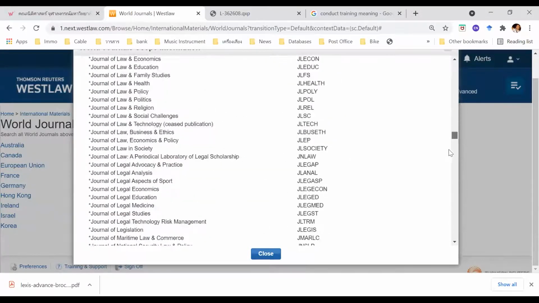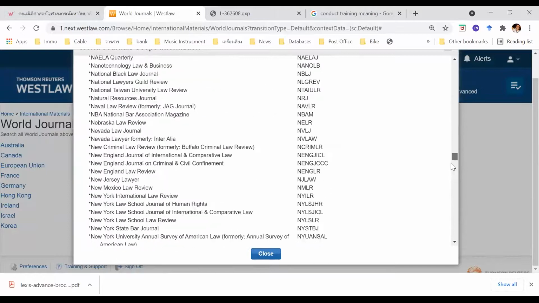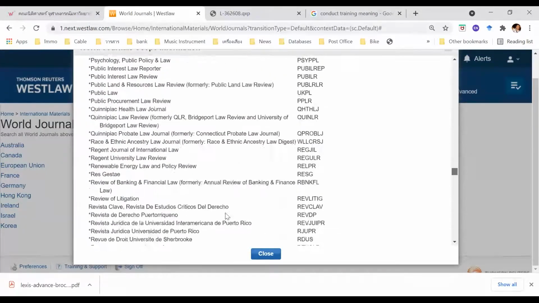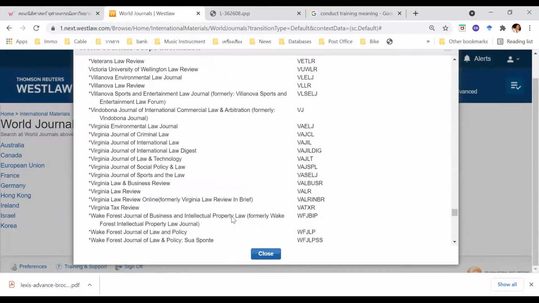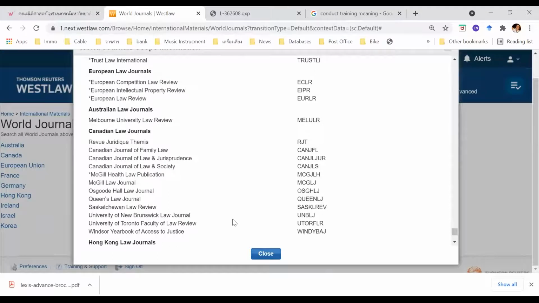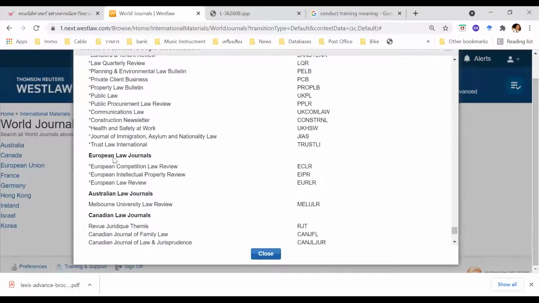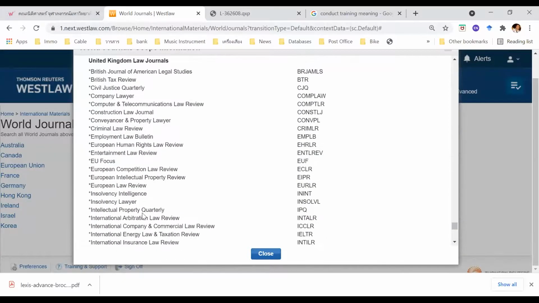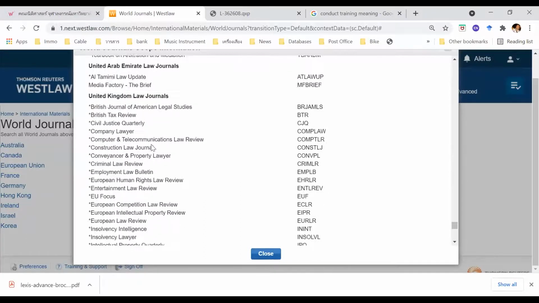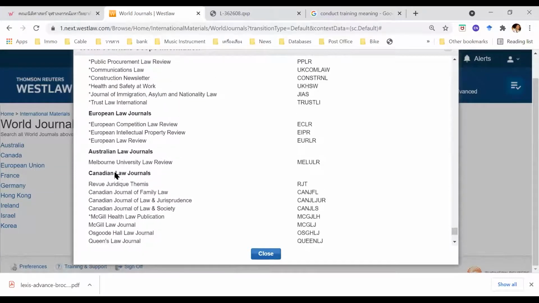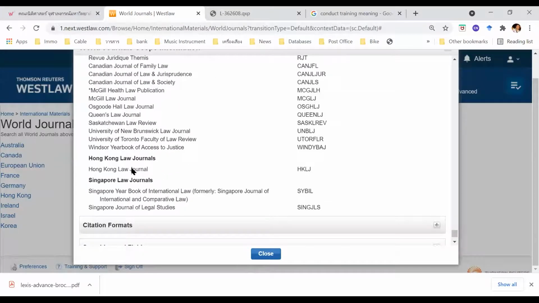You can see other countries that provide journals: Europe Law Review, Australian Law Review, Canadian Law Review, United Arab Emirates Law Review, United Kingdom Law Review, Hong Kong, and the last one, Singapore.